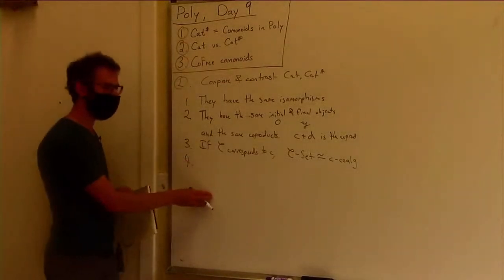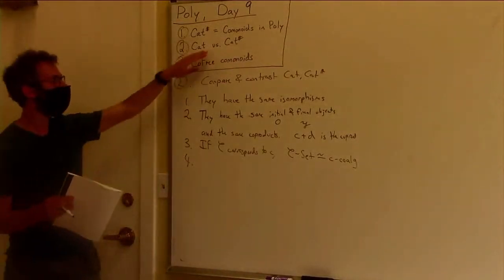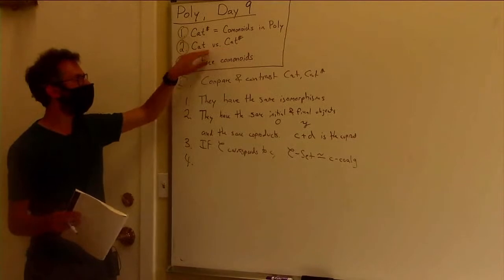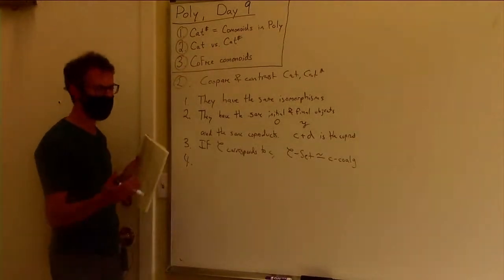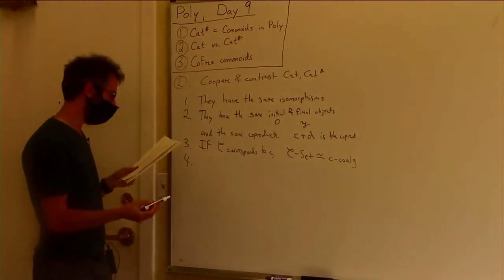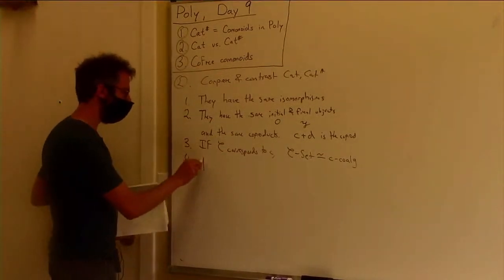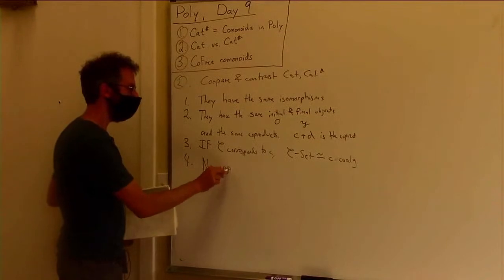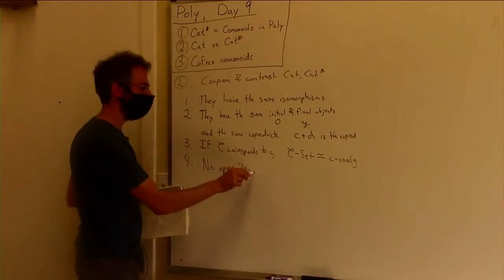We're going to show a bunch of ways that categories and comonoids in Poly are different. And in some sense, making cat look like the good one. So let's see. First of all, no opposites in cat sharp.